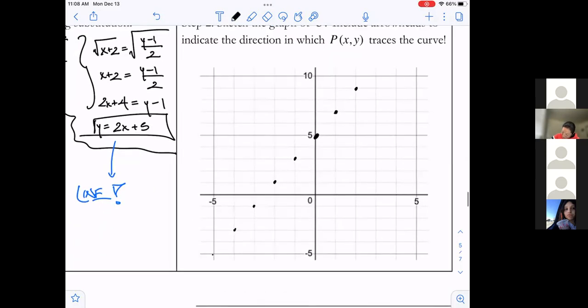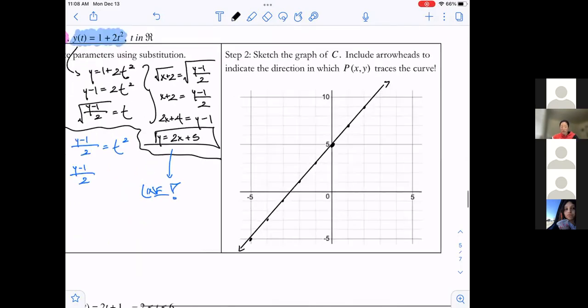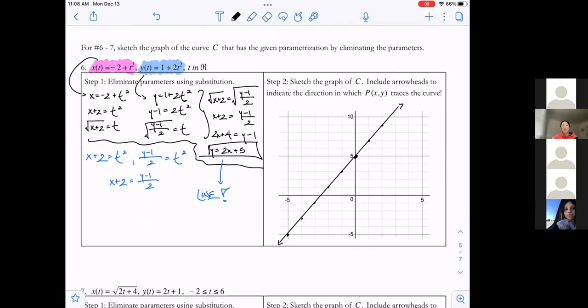sort of this line that goes forever and ever. But I argue that this is actually not what the graph looks like. Okay. I think part of this is the graph.